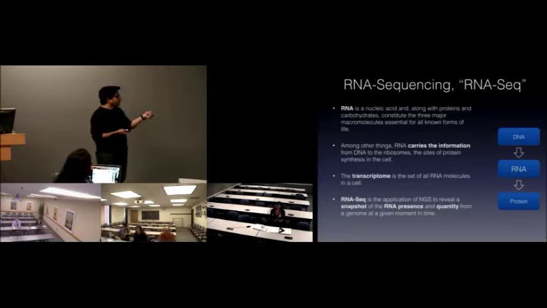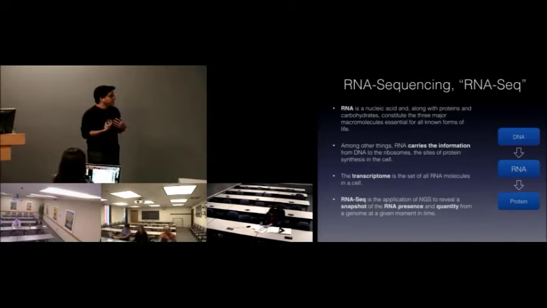Now, why would you want to capture RNA? It's because RNA carries the message of the genes. So if you wanted to study what your transcriptome looks like right before lunch and after lunch, you could just sample the RNA, and then that's going to give you a reasonable idea of what your stomach or what your body was like before and after lunch.